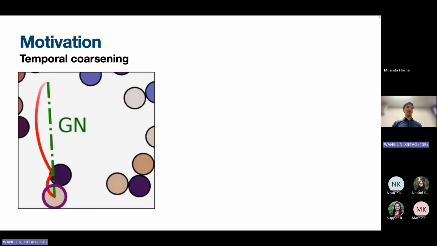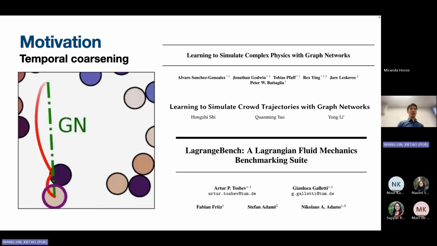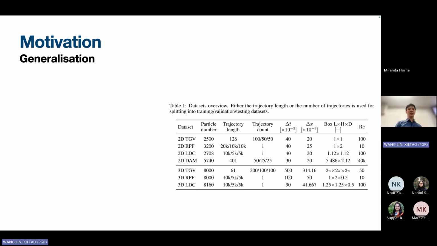We know from the literature this is possible. There are many models that have done it before for people or fluids or other systems. However, the other part of the question is whether it generalizes beyond the training distribution, which is not well known. So that's where we're going to focus here.